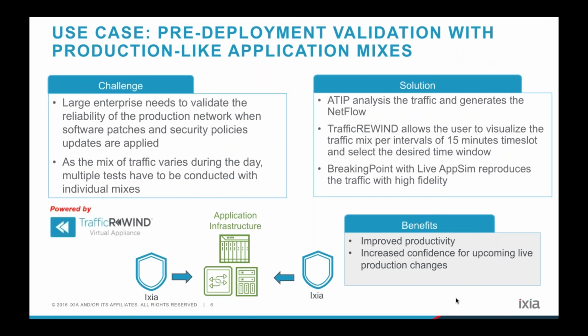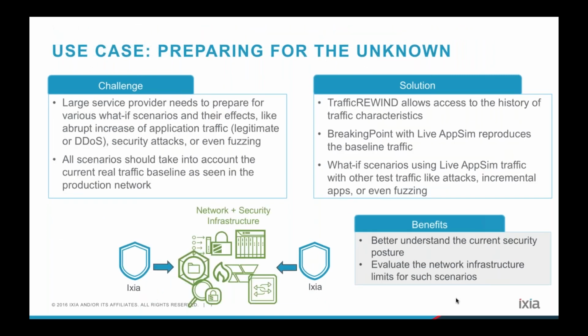Moving on to the next use case, which is an interesting one: prepare for the unknowns. A lot of times, network engineers or service providers are really anxious about what's going to happen next. What-if situations. Here we're talking about expected legitimate traffic growth, like when promoting new offers for unlimited internet traffic, or when validating security attacks along legitimate traffic.